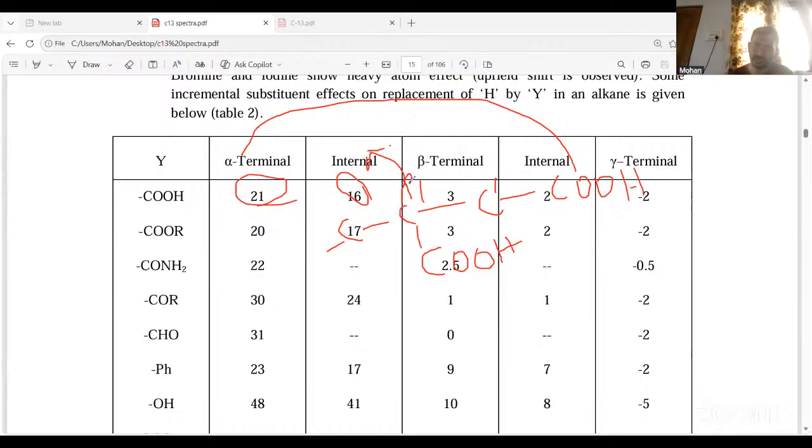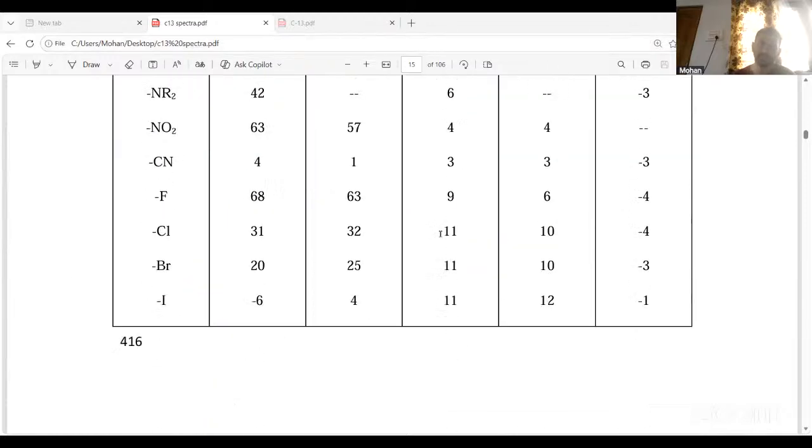So if the acid group is attached to the beta carbon, internal beta carbon, then the value is this one. If it is a terminal beta carbon, then it is 3. And same thing for the ester group, and here is the amide group, right? So the aldehyde group. So all these are the values mentioned for the various functional groups here.